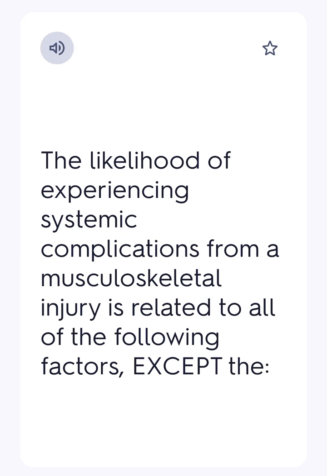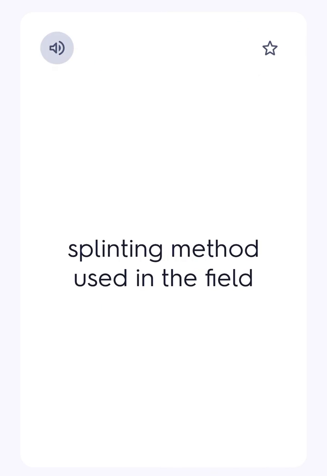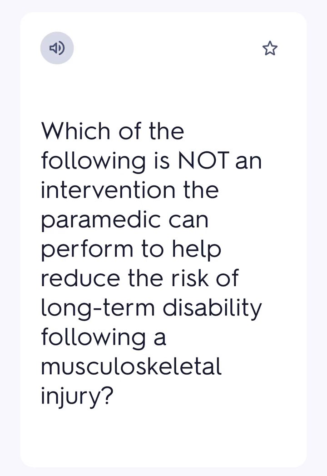The likelihood of experiencing systemic complications from a musculoskeletal injury is related to all of the following factors, except the splinting method used in the field. Which of the following is not an intervention the paramedic can perform to help reduce the risk of long-term disability following a musculoskeletal injury?